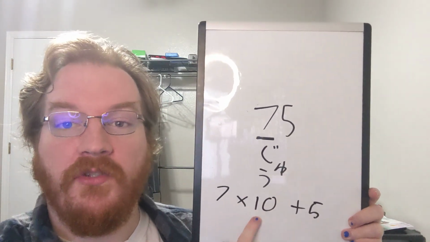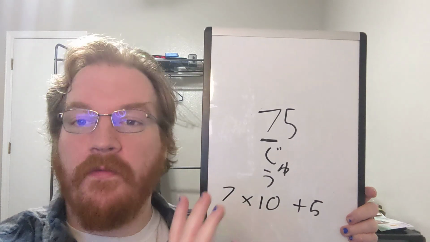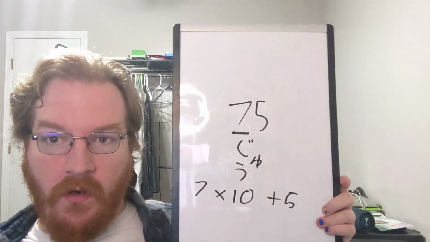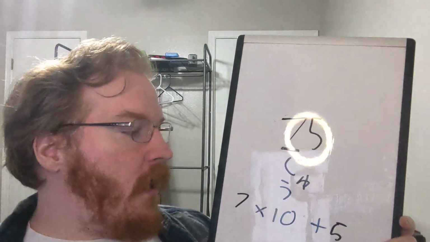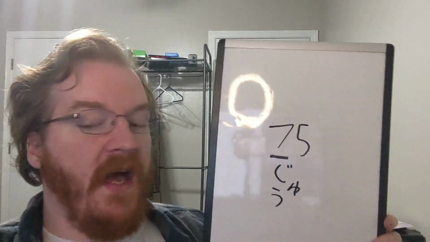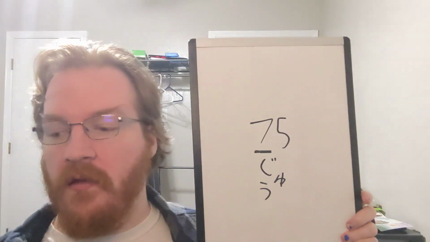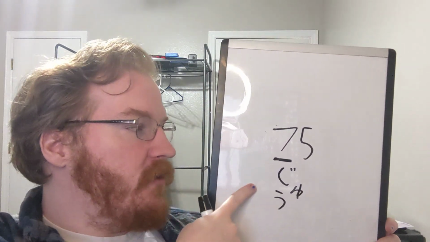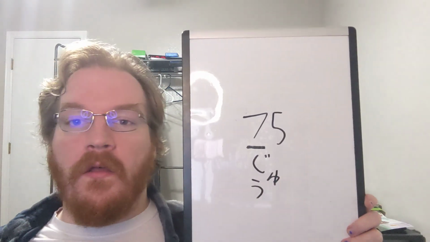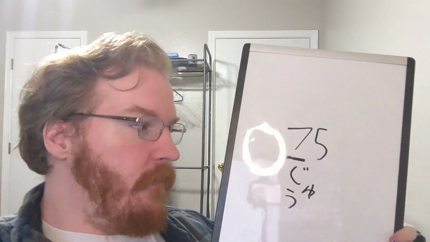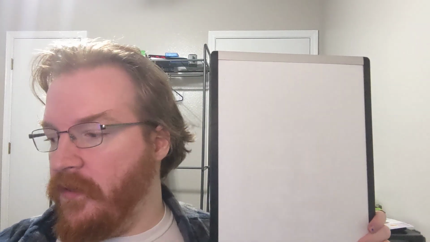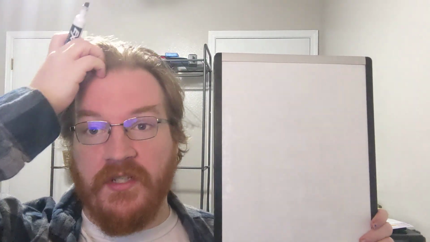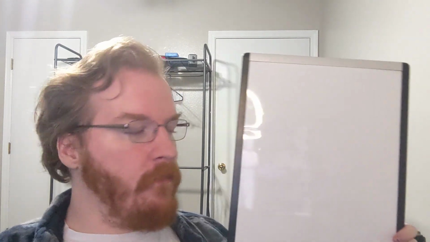So nana ju go. Whichever way helps you the best, stick with that. But I just generally think of it as units of 10, multiples of 10 that we're counting off. So nana ju go. So with those rules in mind, let's go over several different numbers. There's about 20 numbers that I want you to try with me.